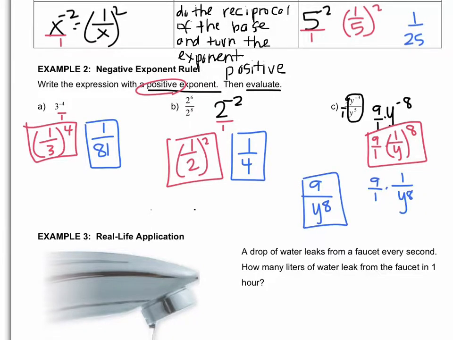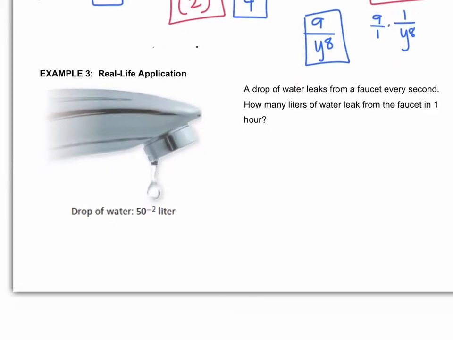All right, let's check out this real life application. A drop of water leaks from a faucet every second. How many liters of water leak from the faucet in 1 hour? So I've got seconds, I've got liters, I've got hours. Well, how many seconds are in an hour?